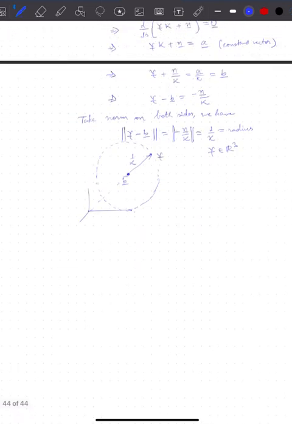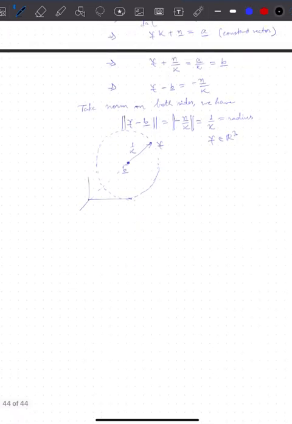Likewise, let's talk about one more theorem and then move ahead.